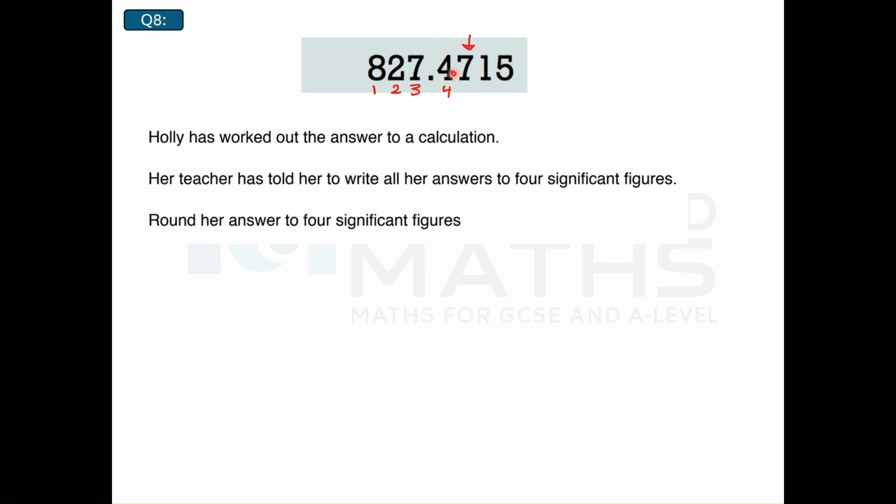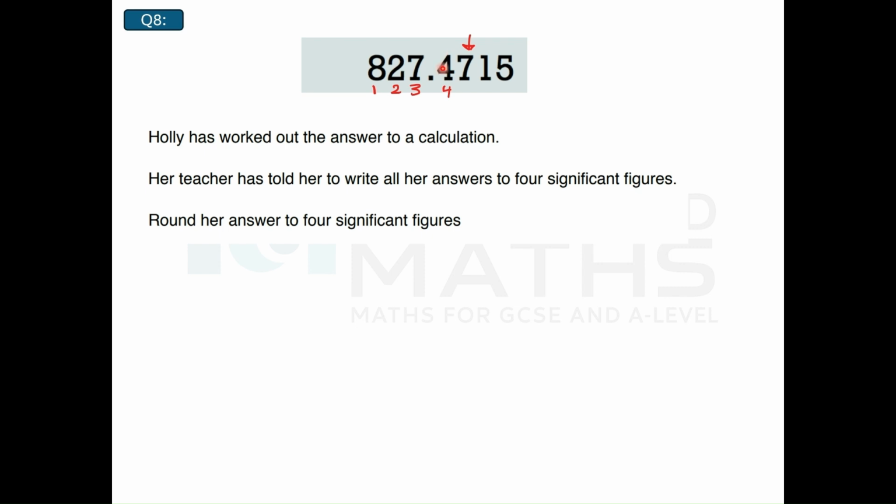But we have to look at the next figure, which is 7 here, isn't it? And check if it's less than 5, equal to 5, or greater than 5. So this is a 7 which is greater than 5, and if it's equal to 5 or greater than 5, the significant figure in front, this one, will turn to the bigger number ahead.